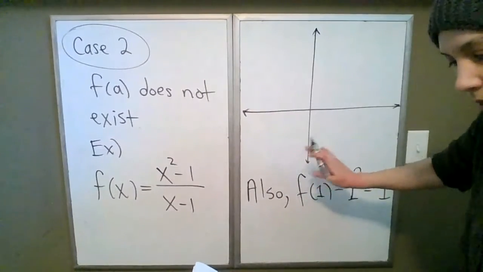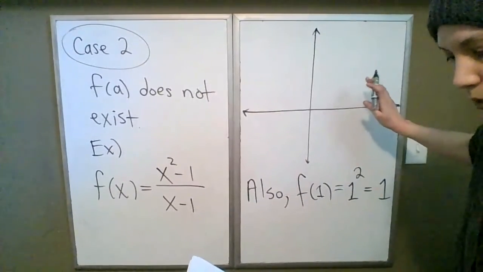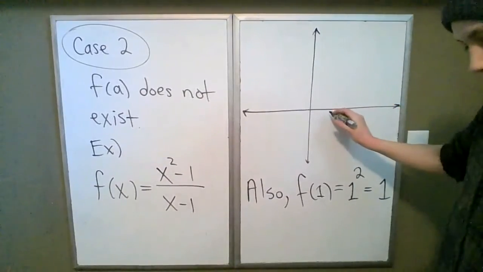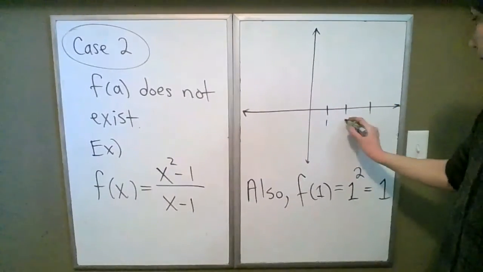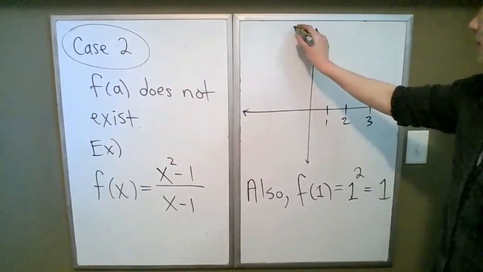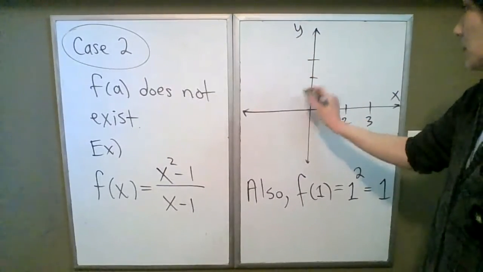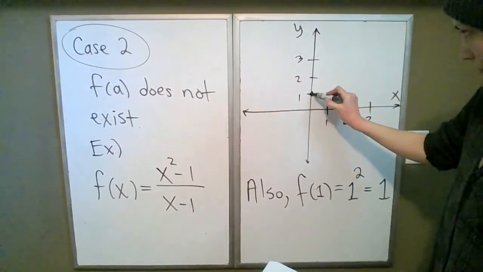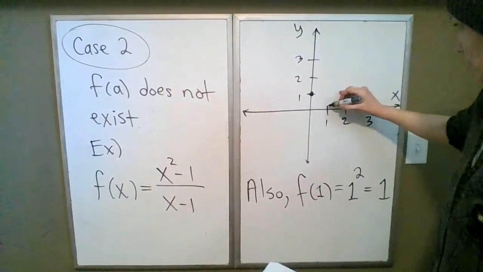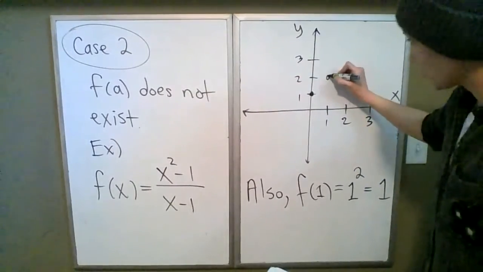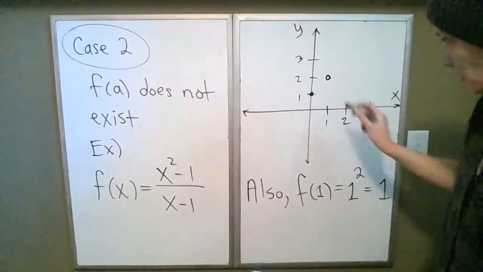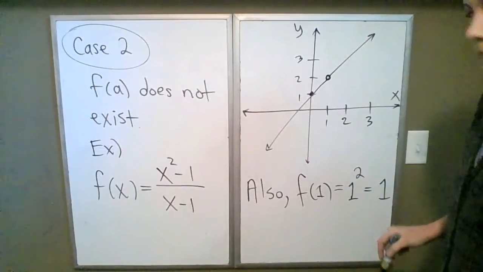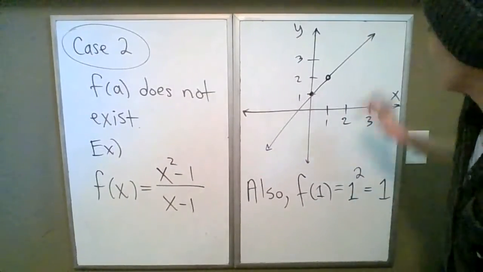We're going to go through the point 0, 1, and there's a hole at the point 1, 2, or where there should be a point 1, 2. That's my function f.